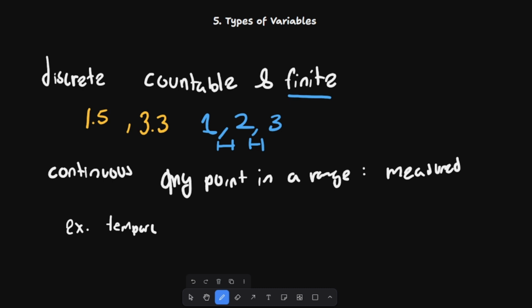So temperature is one of them. And then precise weight. You could be like, for example, 100.1113 pounds or something like that as an example. Time, because we can get into milliseconds, stuff like that, as well as distance.